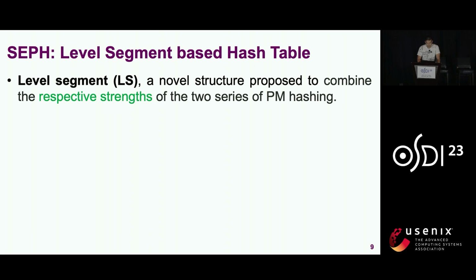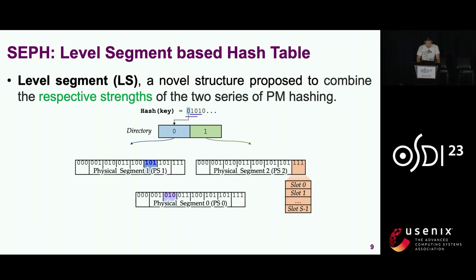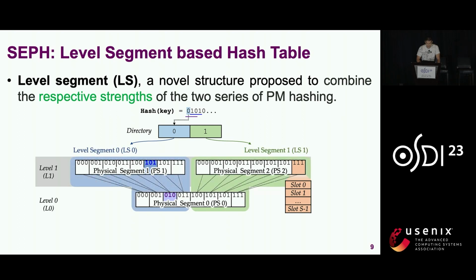The level segment structure is a novel structure proposed to combine the respective strengths of the two series of PM hashing. As the figure shows, SEPH also has many segments like EH-based PM hashing, and we call them physical segments here. The difference is SEPH manages these segments in a level style.